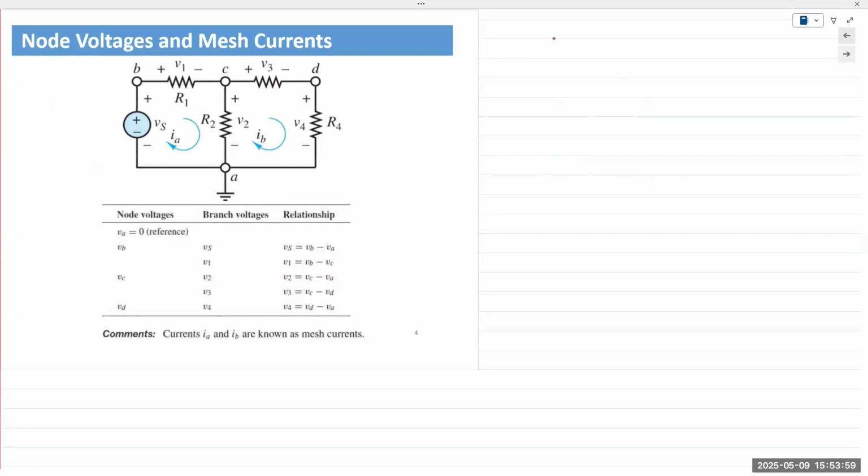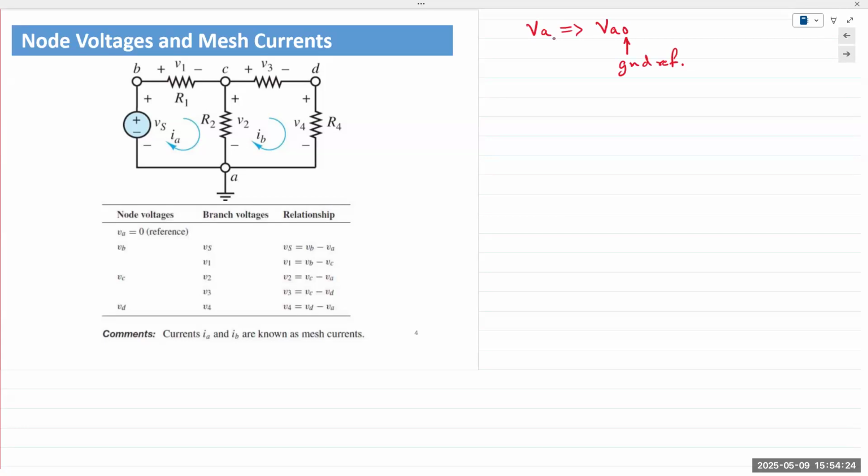You'll remember single subscript notation. If it's VA, we mean voltage measured at A with my reference at ground. VA means VA0.